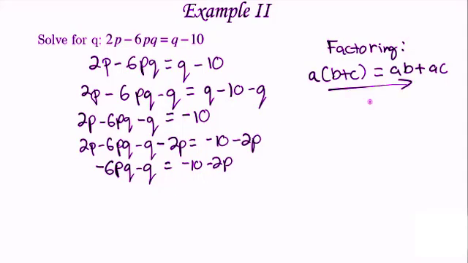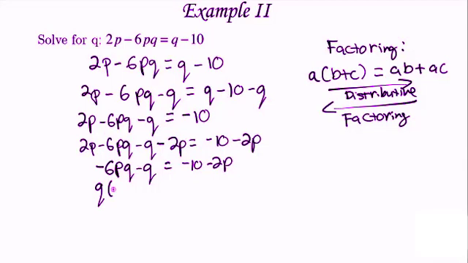If I'm moving in this direction, that is using the distributive property, distributing the terms. If I go the other way, it's called factoring. And what factoring does is it allows us to separate out that variable that we want, which is q. So what I'm going to do is pull this q out from here using factoring.